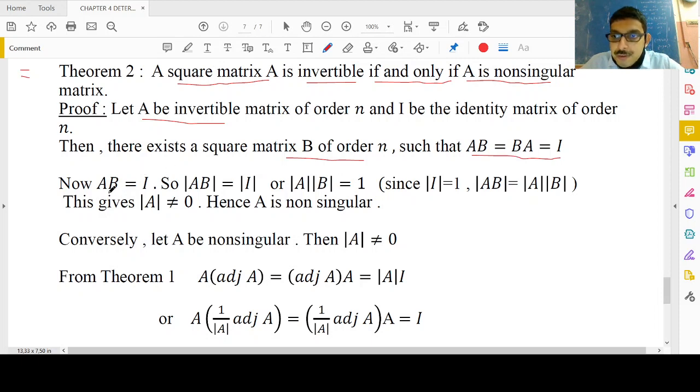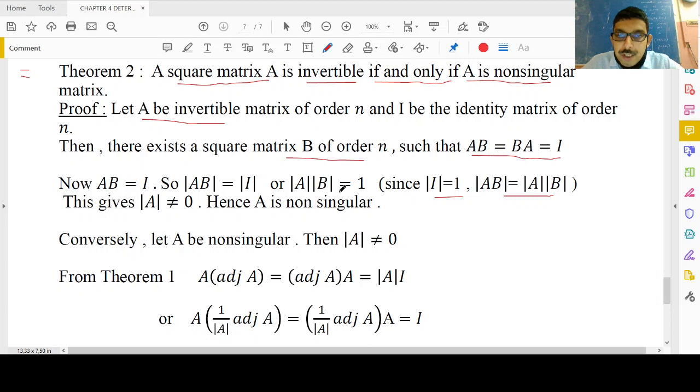Now if AB equal to I, if you take determinant on both sides, it will become determinant of AB equal to determinant of I. Determinant of AB equal to determinant of A into determinant of B, and determinant of I equal to 1. So determinant of A into determinant of B equal to 1.